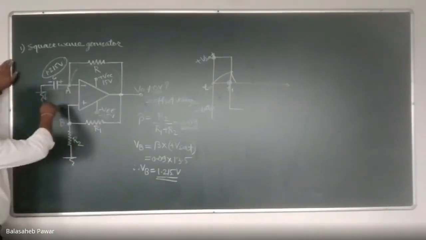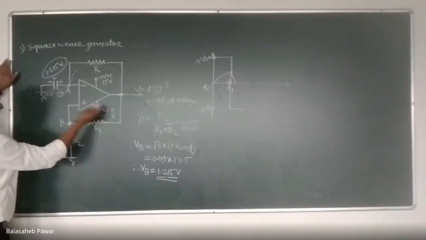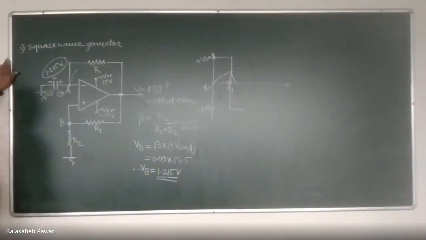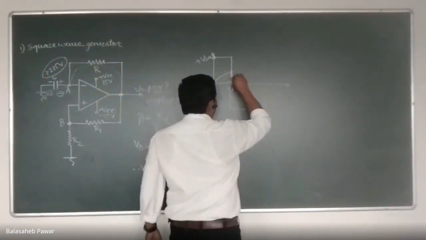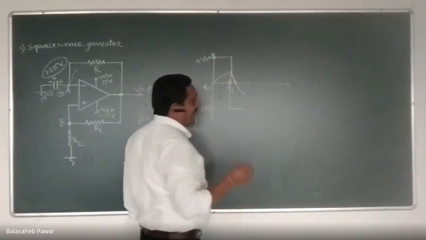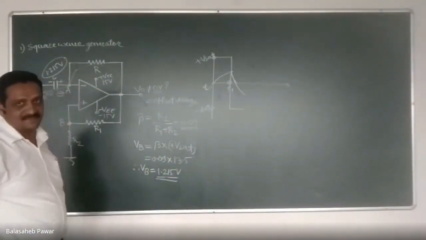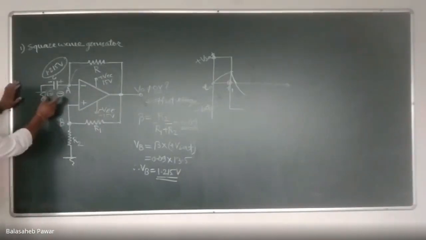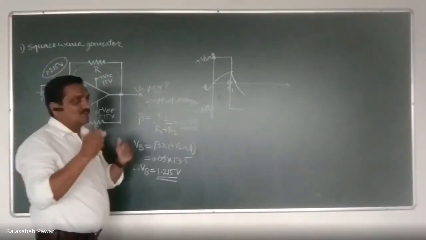Now the capacitor will start to charge with the opposite polarity as compared to previous, because its input voltage is minus V sat. Right? It will again charge with negative polarity, and again reach minus 1.215 volts at a particular time. Again, the charge held by this capacitor will become minus 1.215 volts.